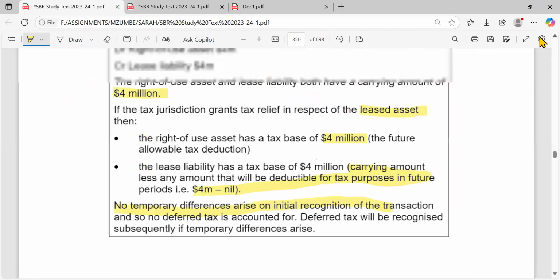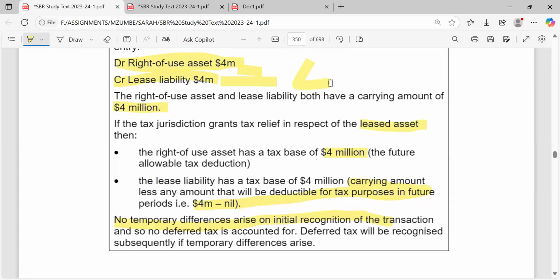Well, if you go up here and compare it with the last time, I hope you get this very well. The right of use asset here had a figure of 4 on the carrying amount, while on the tax base, it had 4, right? So here you see that there's no difference. The difference was 0, so nothing was taxable. But when you go to the liability, we had 4 here initially, and the lease liability, we had 4 too. 4 and 4 is also nil.